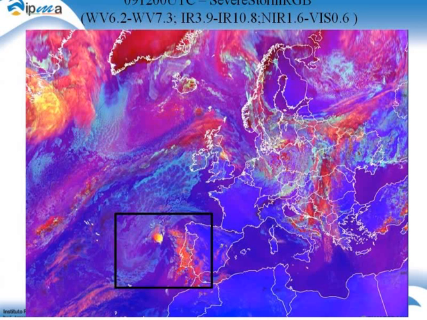Another RGB that is very useful for convection is the severe convection RGB. I'm going to show you this area here, mainly this system over here.